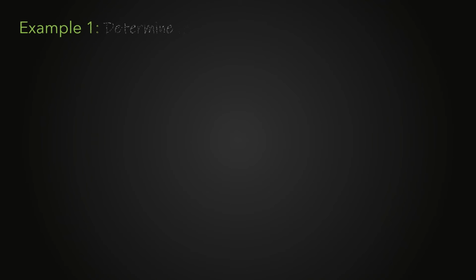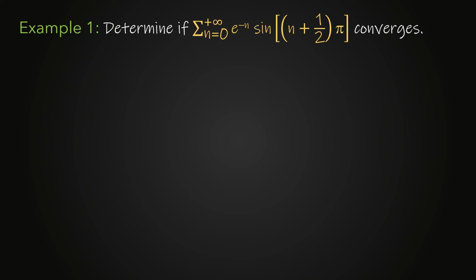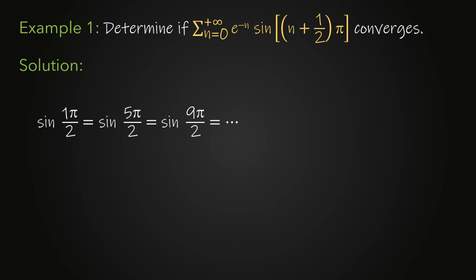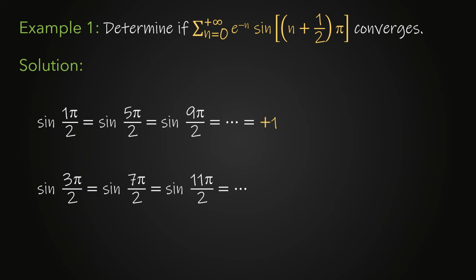Example 1. Determine if the series converges. Solution. Write the series as an alternating series at multiples of pi over 2. Recall that the sine function alternates between +1 and -1, where the value of n for each term is as follows.